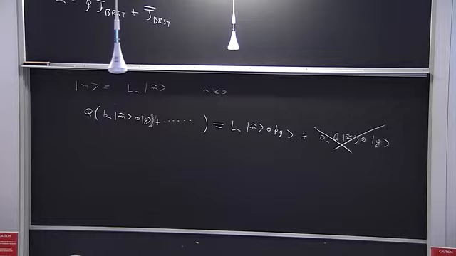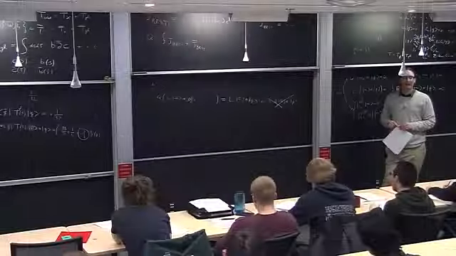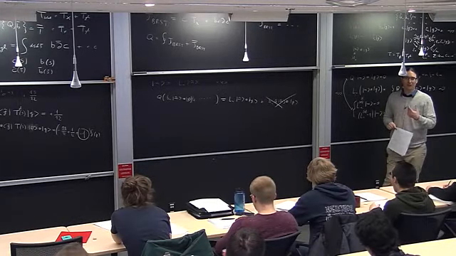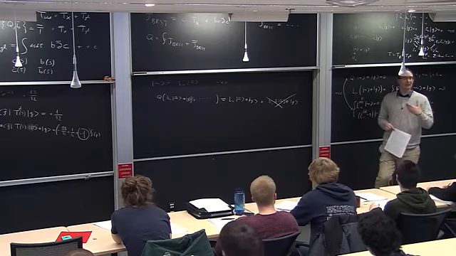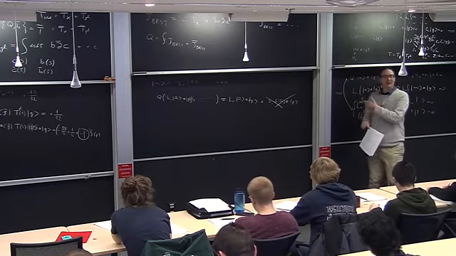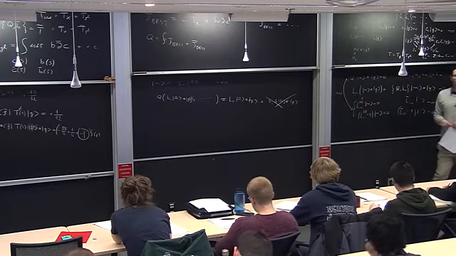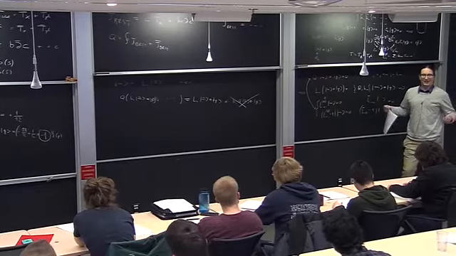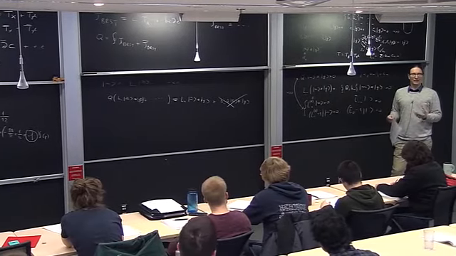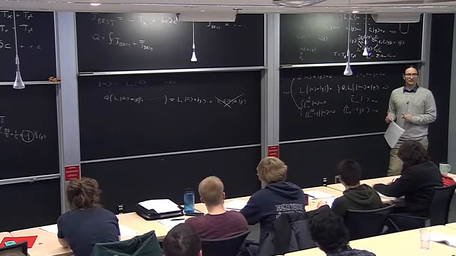So the string spectrum we described last week really corresponds to Q closed modulo Q exact states in the Fock space. And so now we know what the in states and out states are that we can use in our scattering amplitudes.